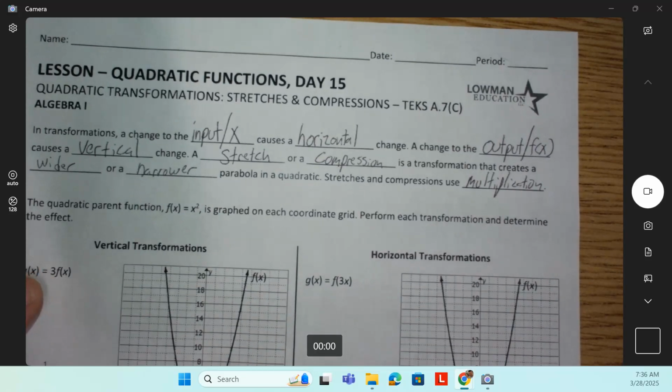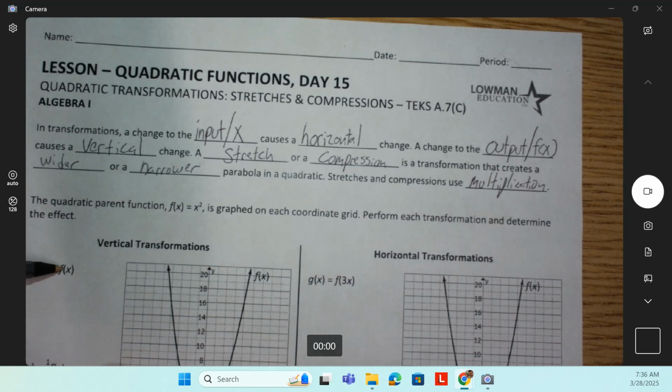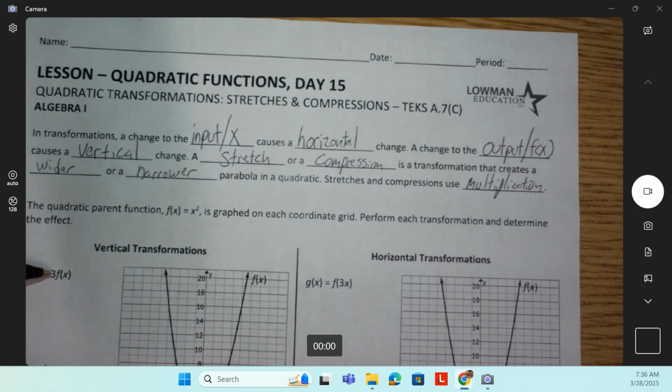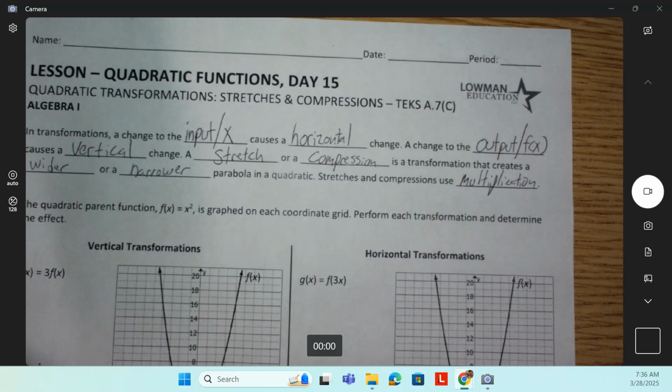So let's look at an idea of how this works. If I have 3 times f of x, 0, 0 will still be the same here. But if I move over to 1, I'm going to do that times 3, and so that would be at 3.